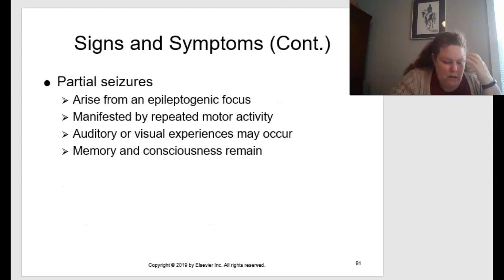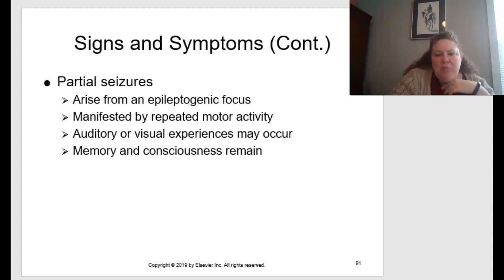Okay. So what about partial seizures? This is on page 369 of your book. Partial seizures can arise from an epileptogenic focus, and this can be manifested by repeated motor activity, or auditory and visual experiences can also occur.